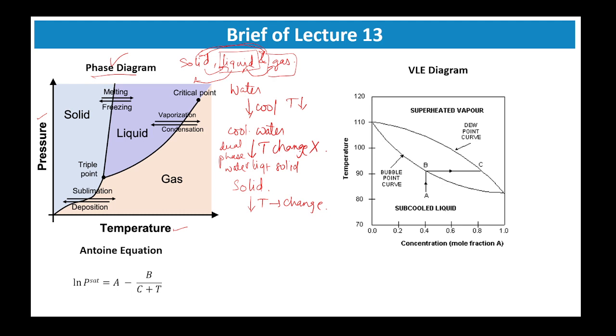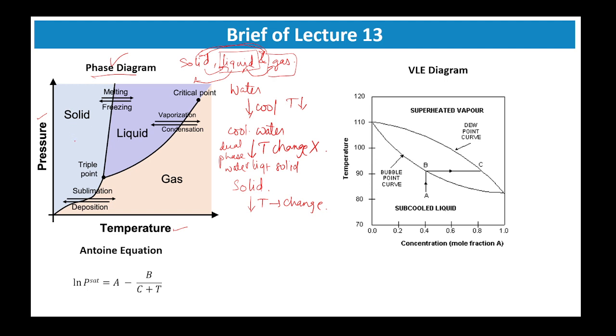Here I just gave the example for temperature, keeping pressure constant. If you keep temperature constant, there can be a relation with pressure as well. This type of diagram shows how any material can be transformed from one phase to another.